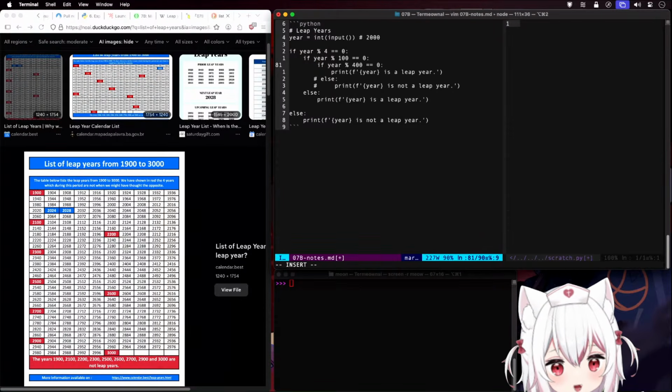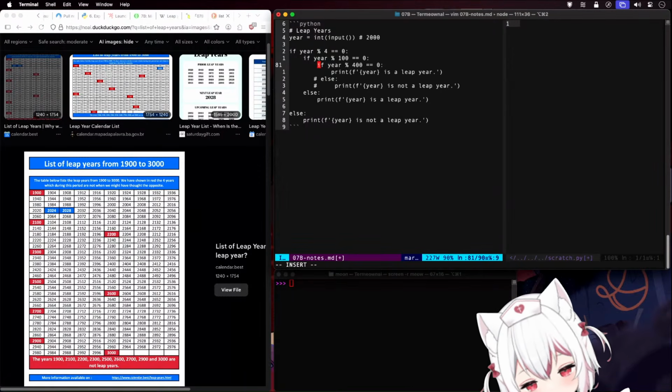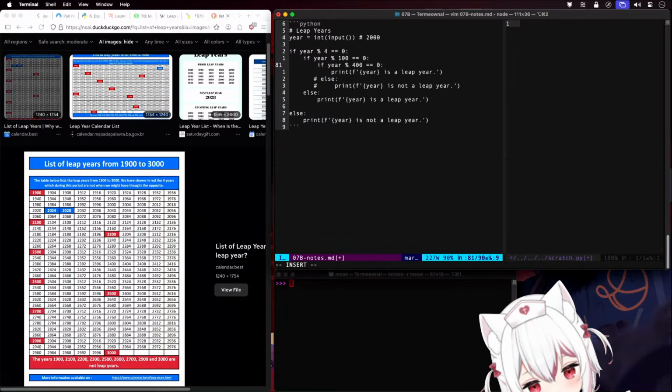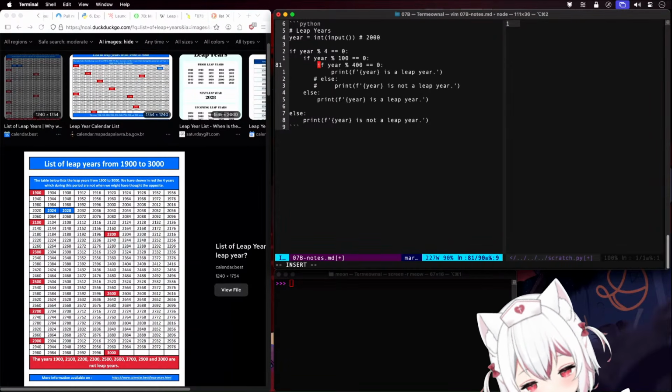I feel like I can't get rid of that though because basically we're looking for all numbers divisible by 4 except, yeah, that's what they said, except the multiples of 100 that are not multiples of 400.